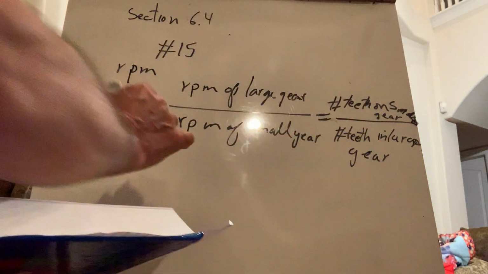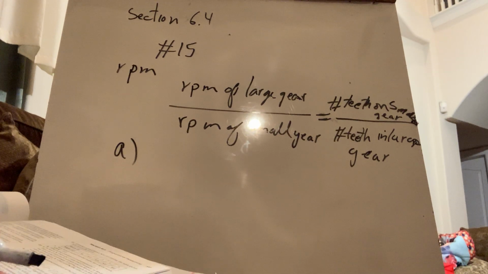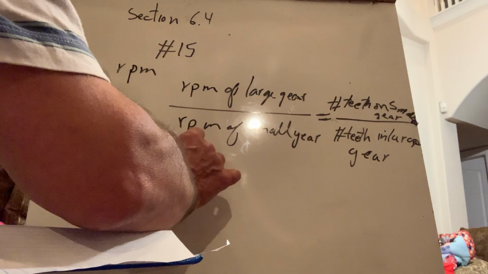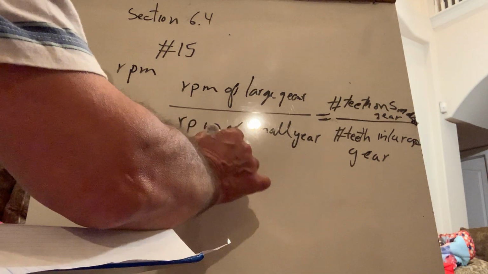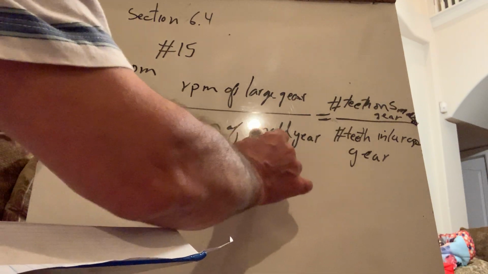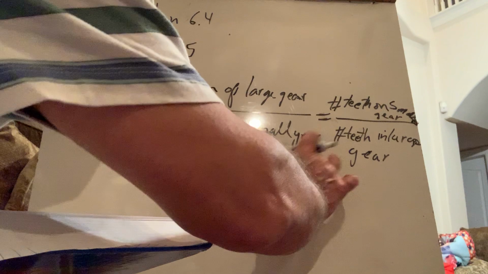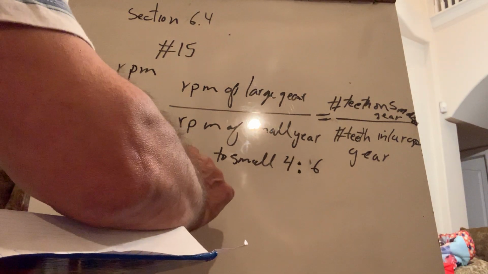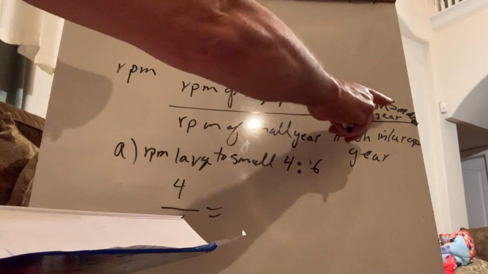So let's see what they give us in part A. I'm just going to quickly write down the information. It says the RPM ratio of the large gear to small is given to be 4 to 6. Don't forget, this is a notation for ratio, which means RPM of large over small, so that'll be 4 over 6 equals the number of teeth of the small over the large.